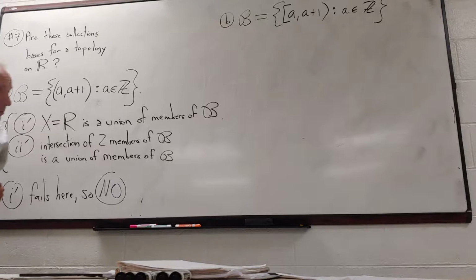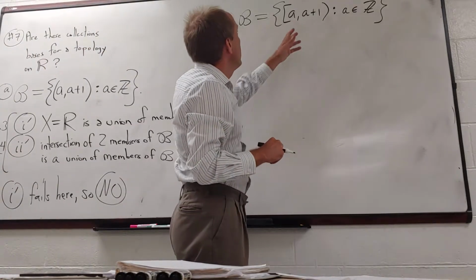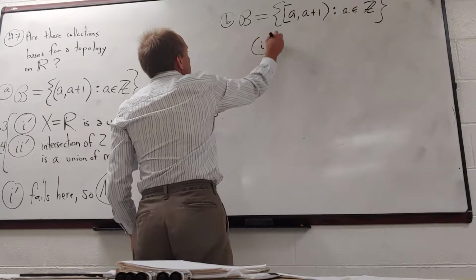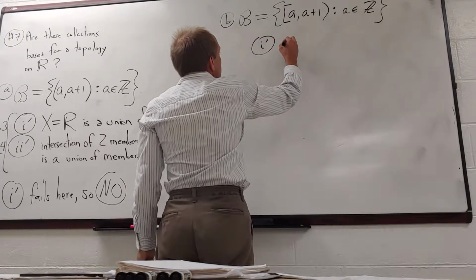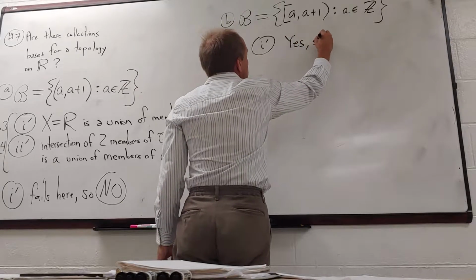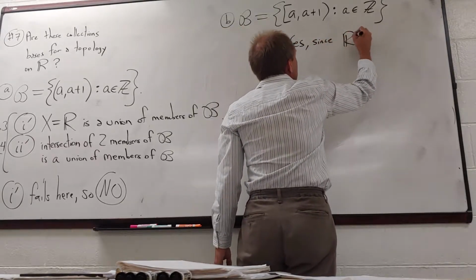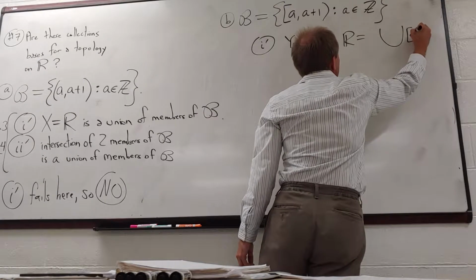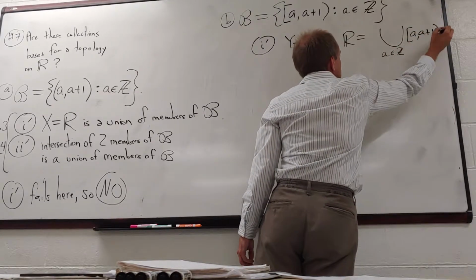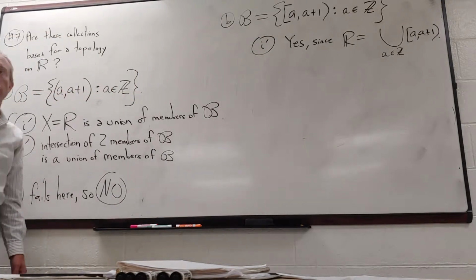Yes, absolutely, because you just union all of these together for each integer, and you'll get the whole real numbers. So this is yes, since R is equal to the union of the intervals from A to A plus 1. It's half open this time, where A is an integer. So that's just really what we're saying.